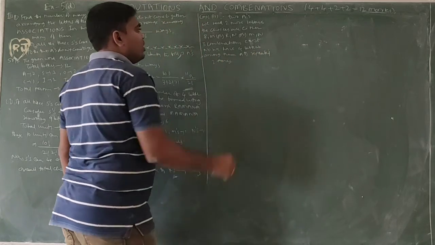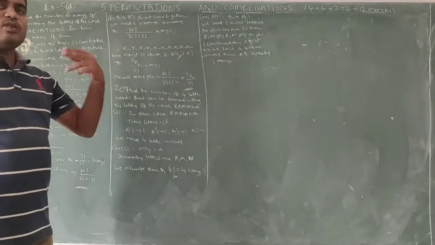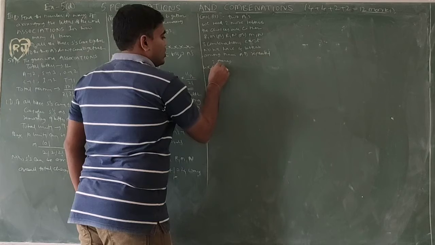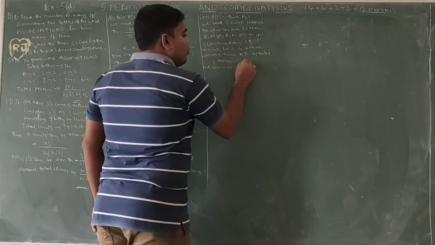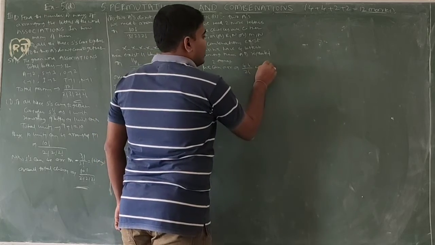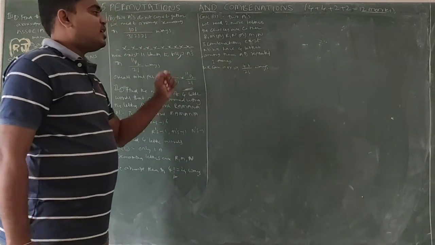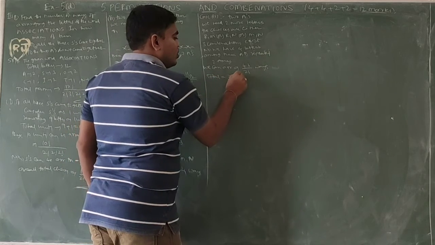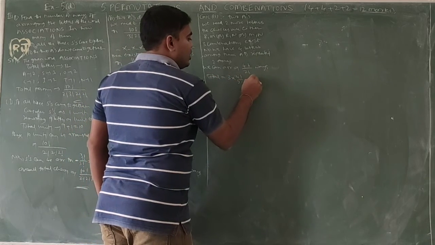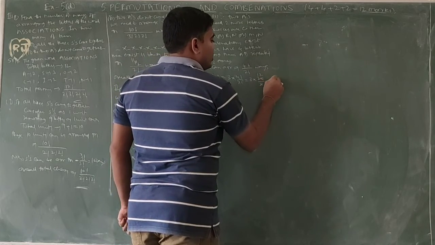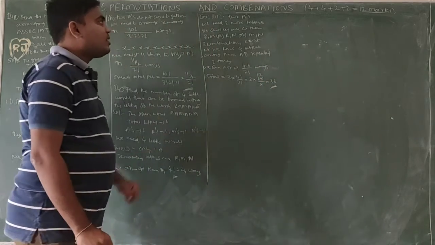So we can arrange in 4 factorial by 2 factorial ways. But we have 3 choices. Total 3 into 4 factorial by 2 factorial, 3 into 24 by 2, 3 into 12, 36 choices in this case.